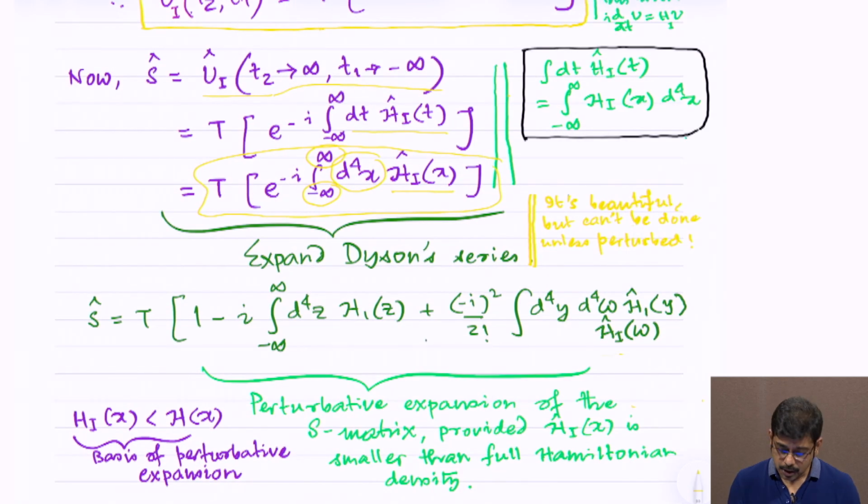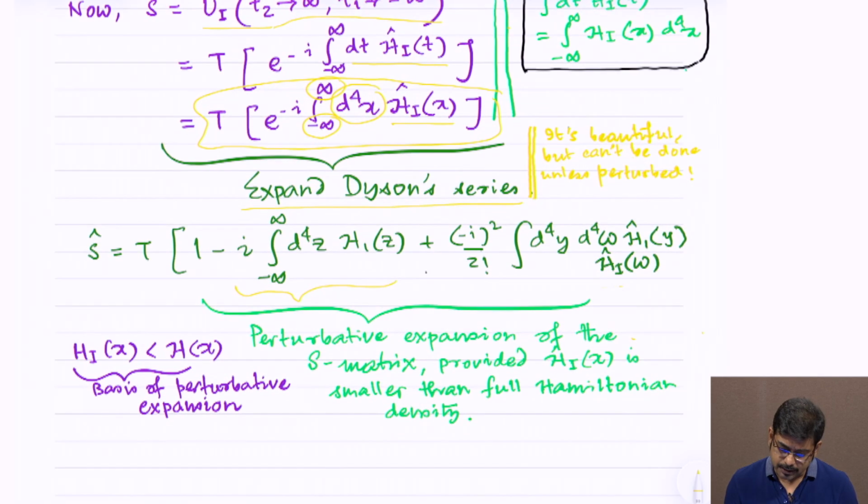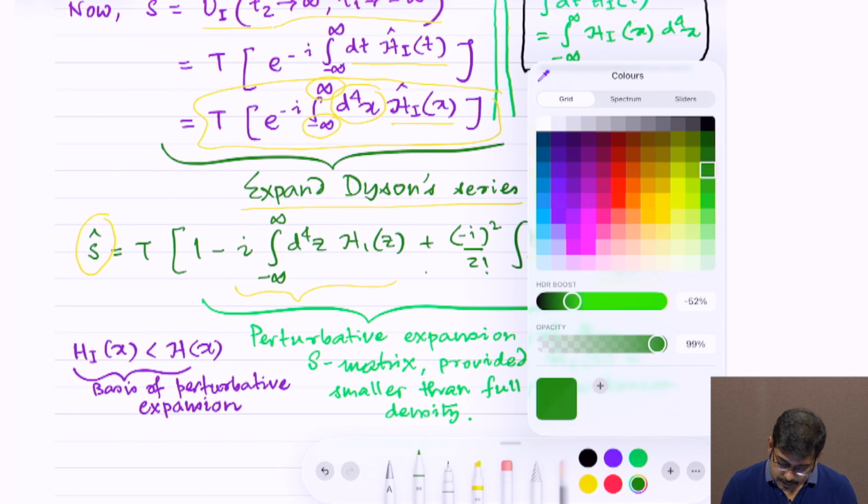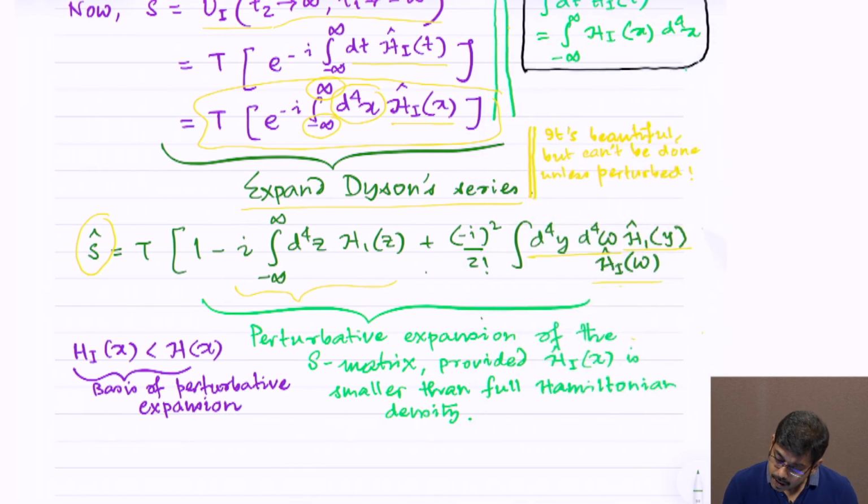Now, what you actually do is expand this S matrix in a Dyson series. Expanding e to the power minus i, the first term is minus i integral from minus infinity to plus infinity d4z H_I(z), and then you have two terms like H_I(y) and H_I(w) integrated over d4y, d4w, and so on. So, the S matrix is essentially the time ordered product of this whole series, and this is what you call the Dyson series.